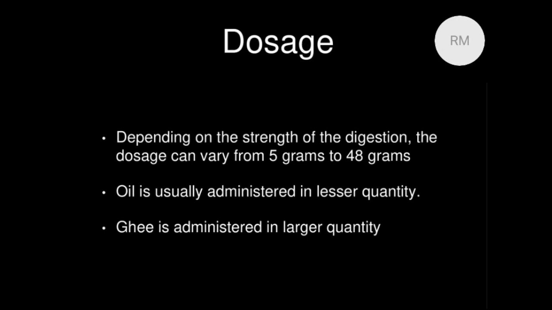Have you heard of Brahmi Ghrita? It is a medicated ghee which is very commonly used. Another important example, Dhanvantaram Thailam. Have you heard of this oil? So these are very commonly used medicated ghee and medicated oil.